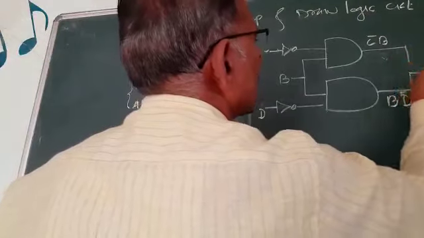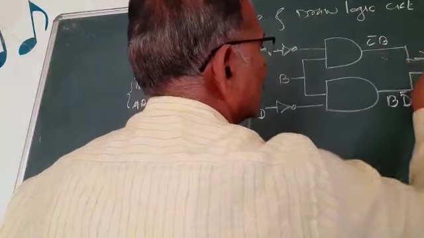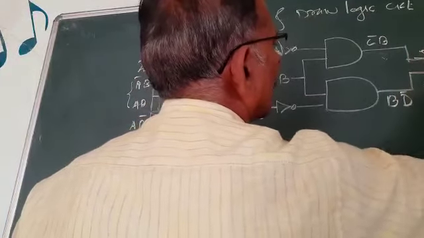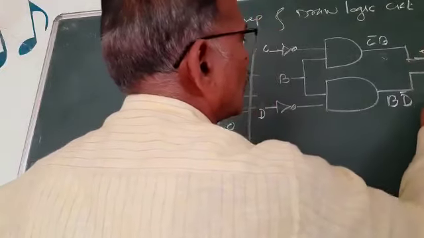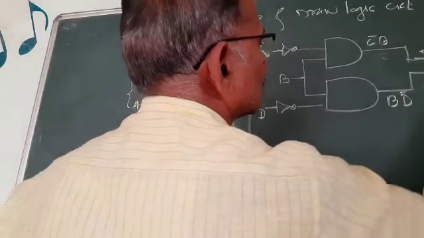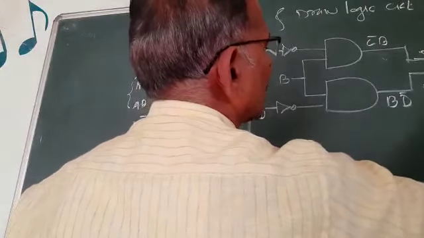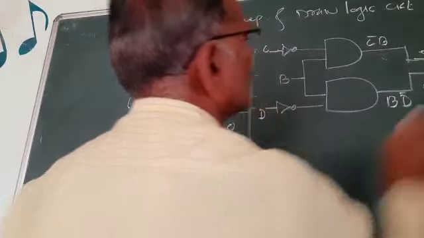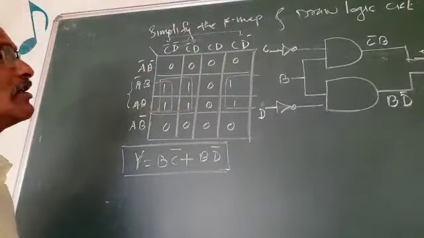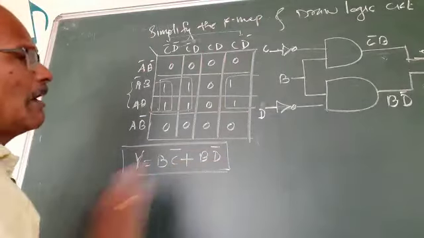Now this product is added with the help of this OR gate, and therefore Y is equal to C bar B plus B D bar. So this is a logic circuit using this K-map.